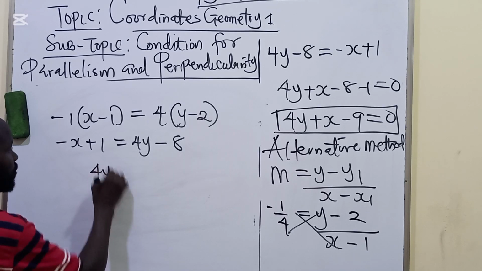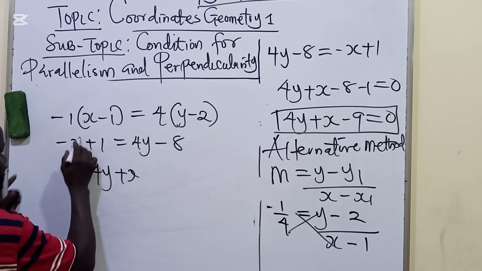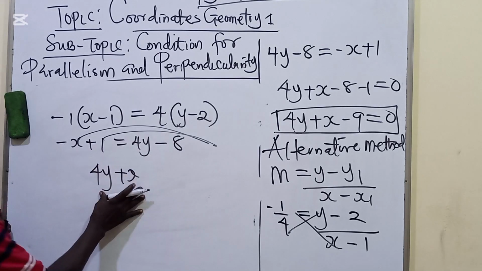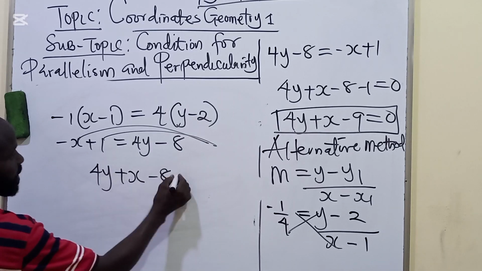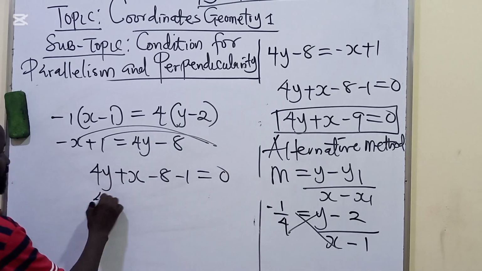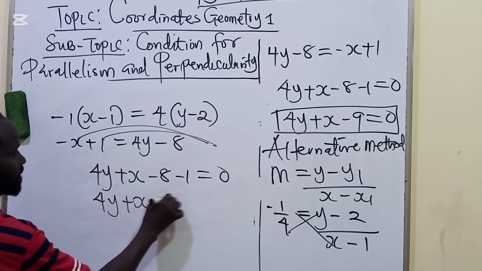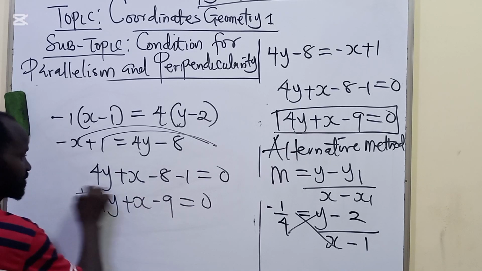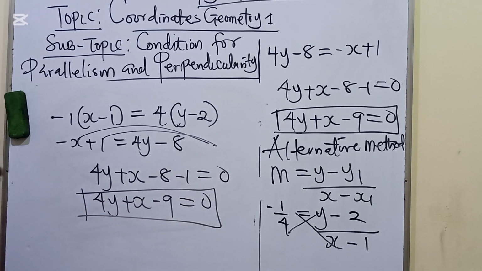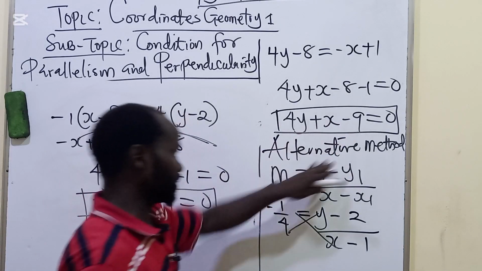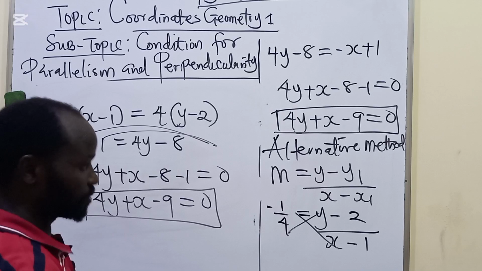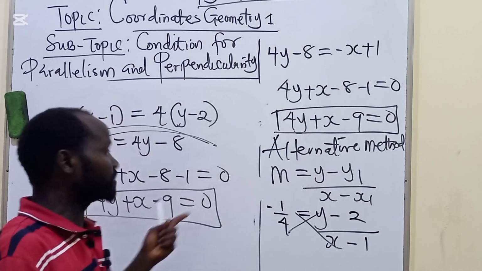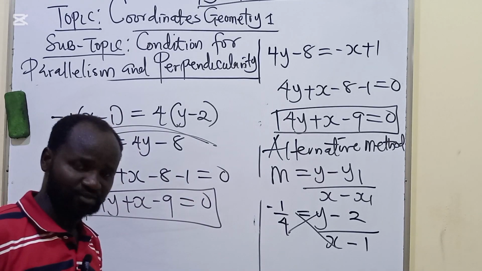We have 4y, it will be plus x. I'm transferring everything to one side and equating it to 0 now. So plus x, then minus 8 minus 1 equals 0. 4y plus x minus 9 equals 0. You can see clearly that we are getting the same equation. So we can use the alternative method as far as the equation of a line that is parallel at one point. So this is the solution to this question.